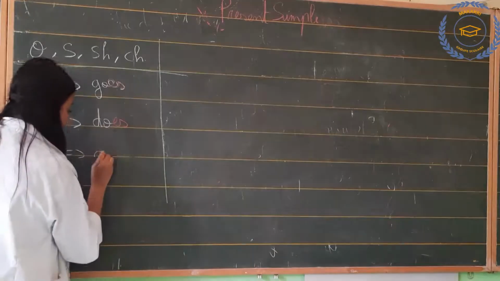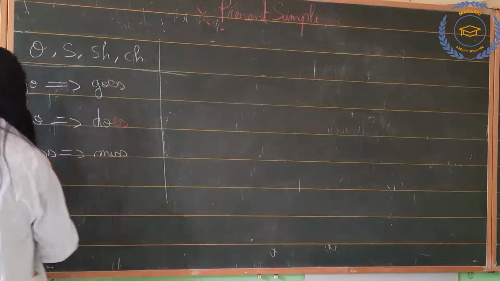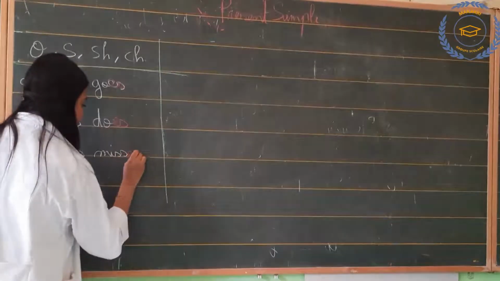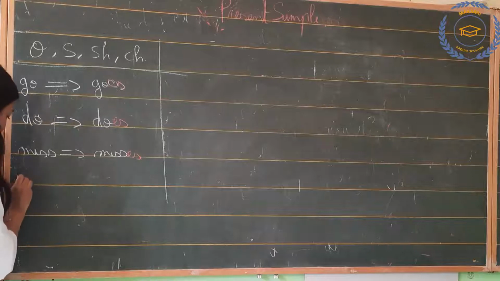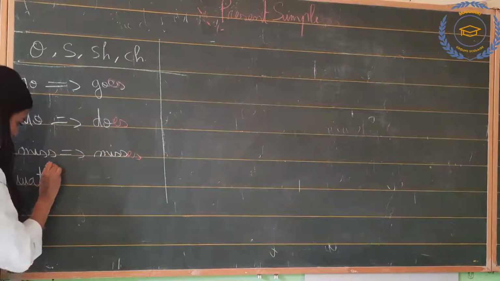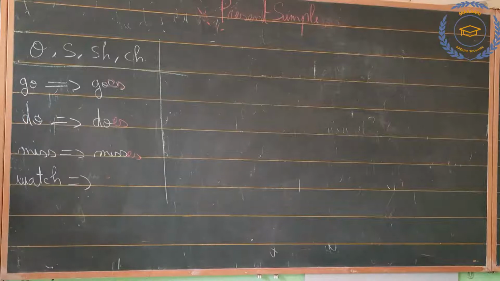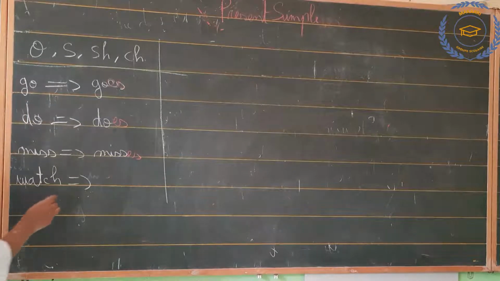Okay, we add here also es: misses. Watch, the verb watch: I watch, you watch, he, she watches.